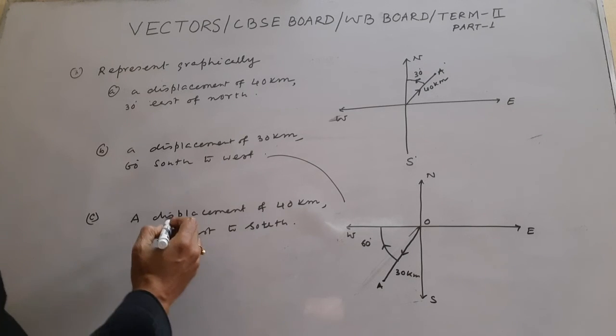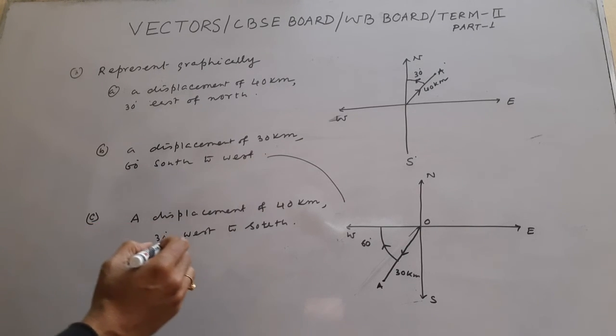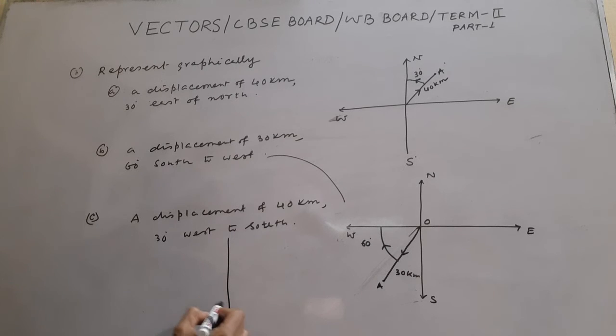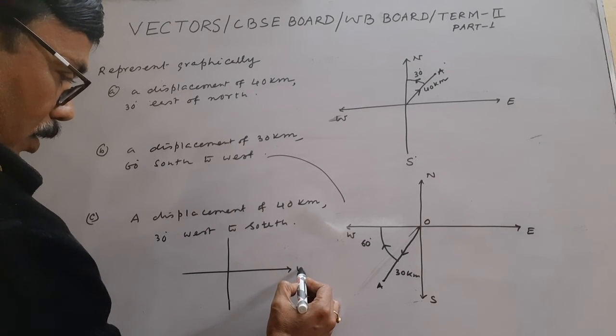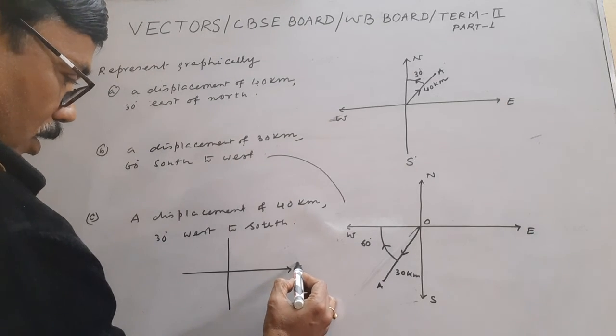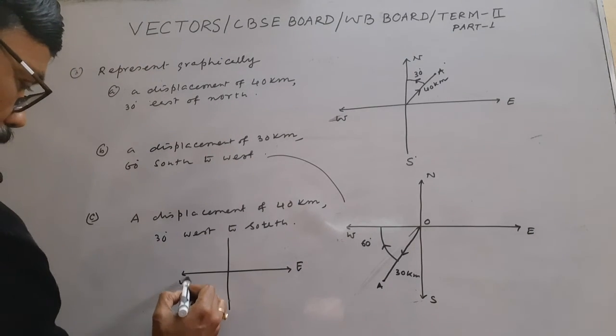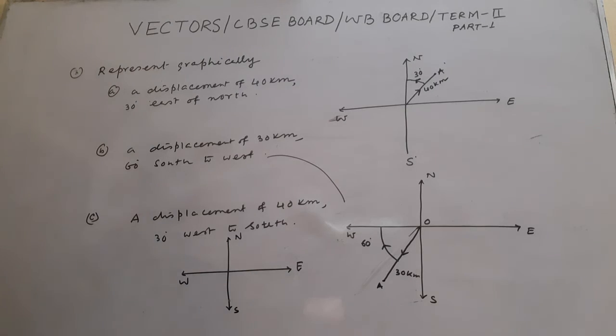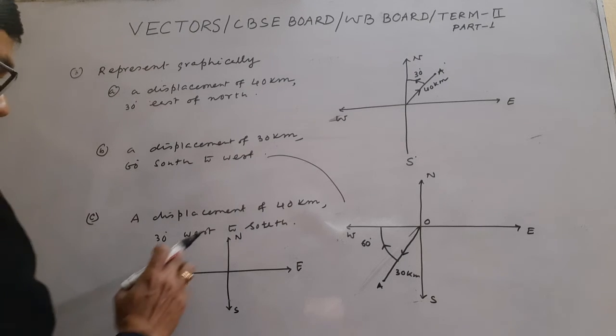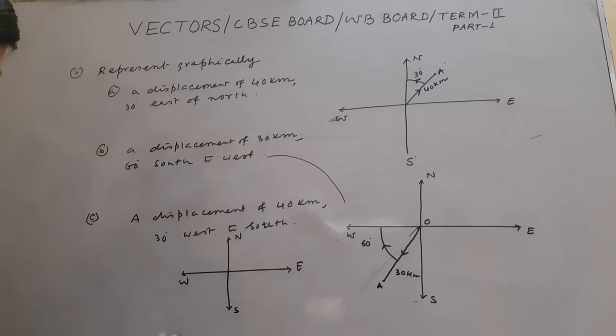Now the third one. This is east, west, north, south. A displacement of 40 kilometer, 30 degree from west to south. This is west, then south.